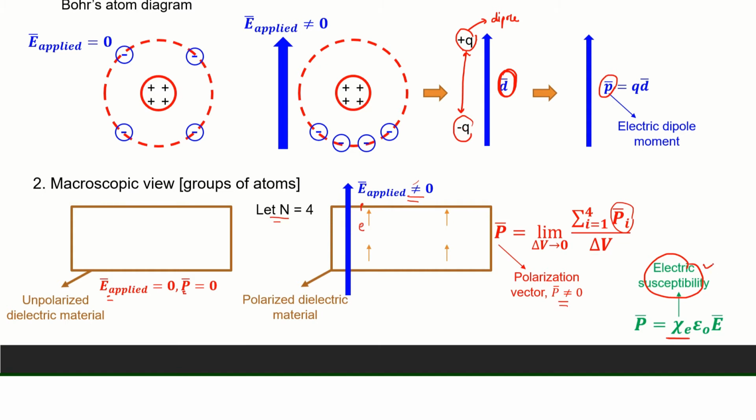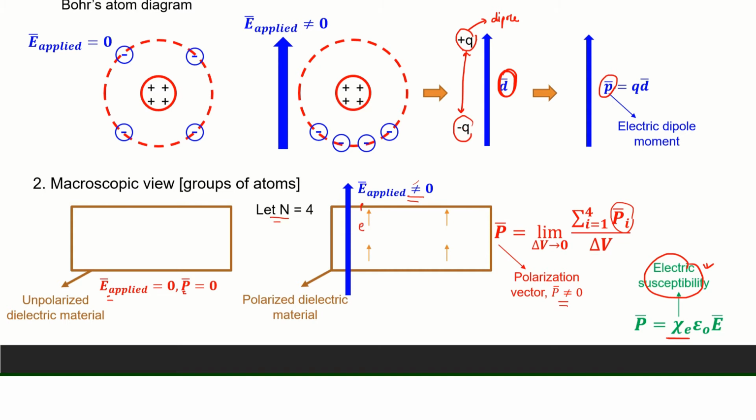From here we can also define what type of material it is, either a conductor or a dielectric. The value of electric susceptibility for a conductor will be higher, for a dielectric it will be lower.